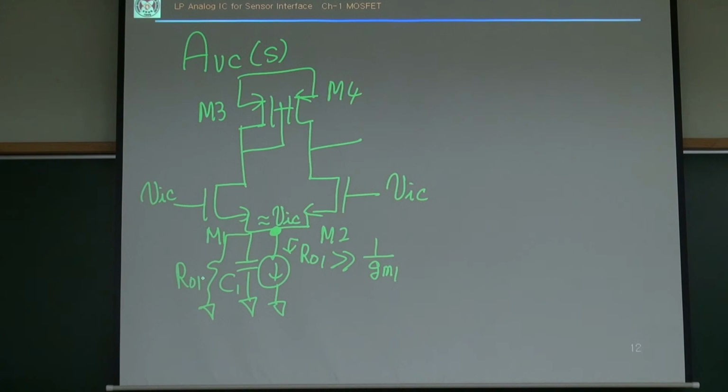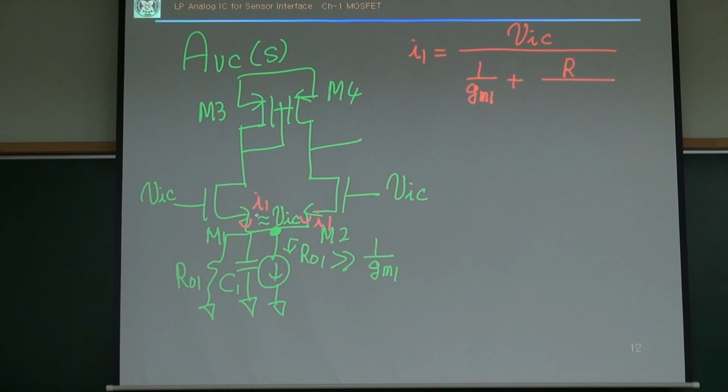So common mode current, see. The common mode current flowing through here will experience this pole. Actually, this is actually 0. Okay, yeah. My common mode current can be written as VIC 1 over GM1 in series with that RO1.